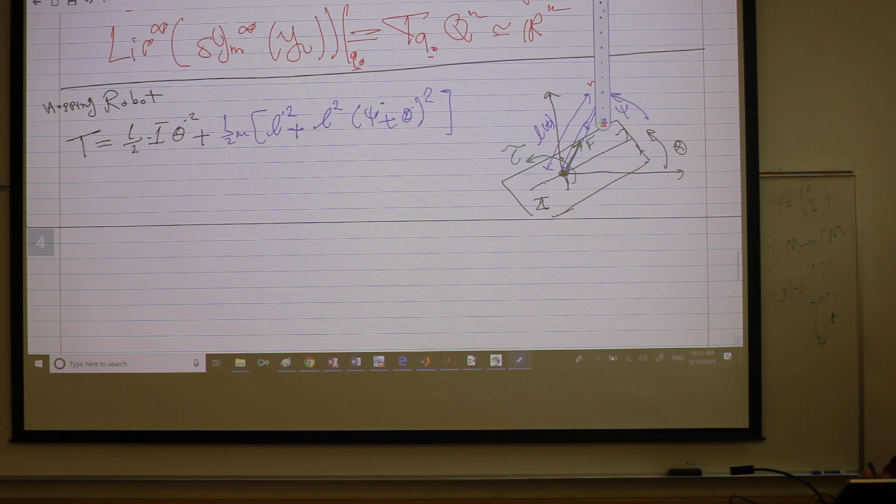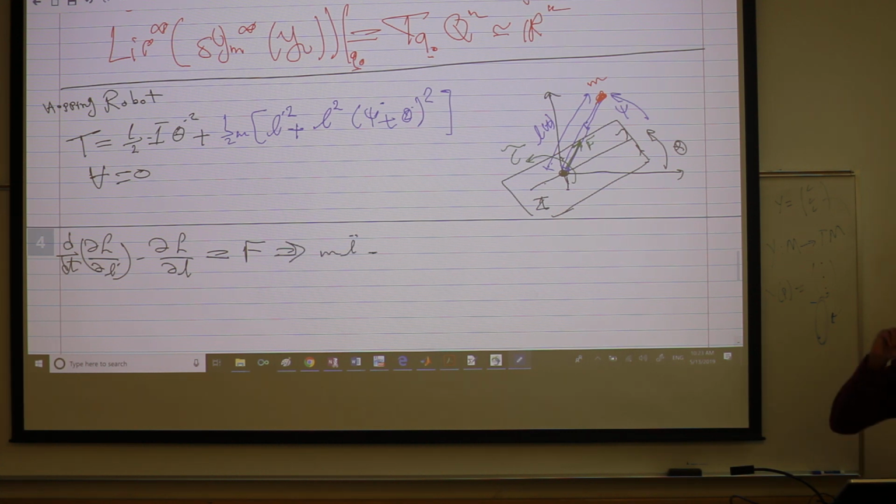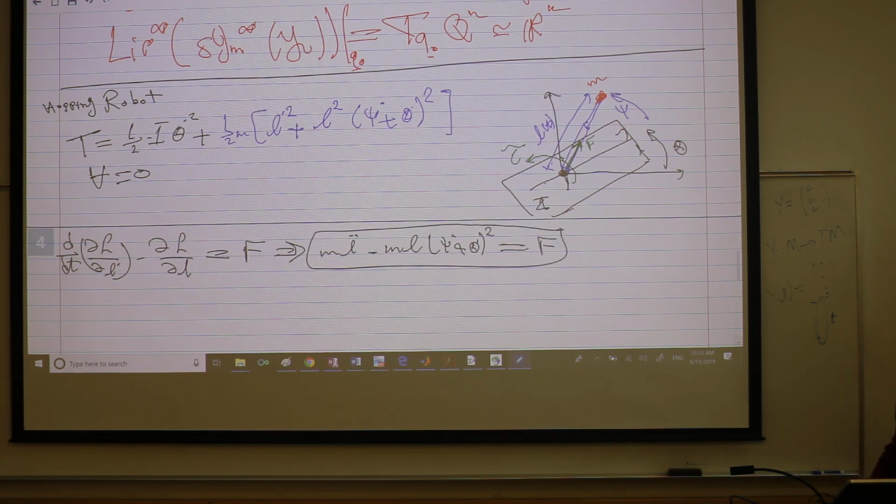So let's do the equations of motion. There is no potential, so V is 0. d by dt, partial Lagrangian, partial L dot, minus partial Lagrangian, partial L is your force, right? So this guy, you get m L double dot minus, when you differentiate this with respect to L, you get mL psi dot plus theta dot squared equal the force, your first equation of motion.